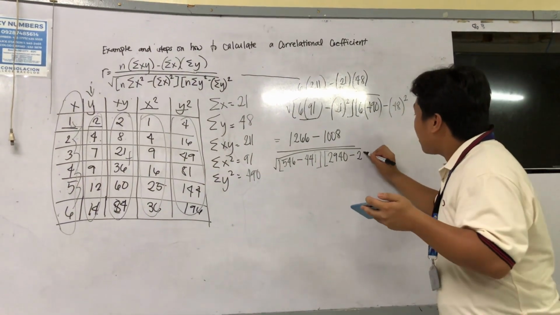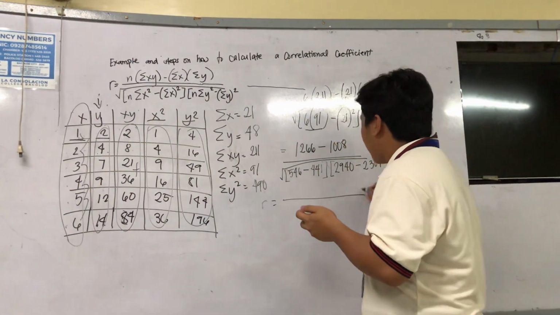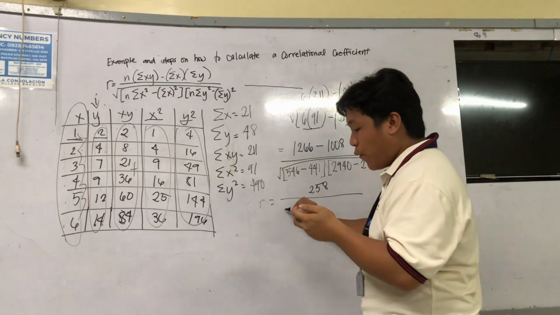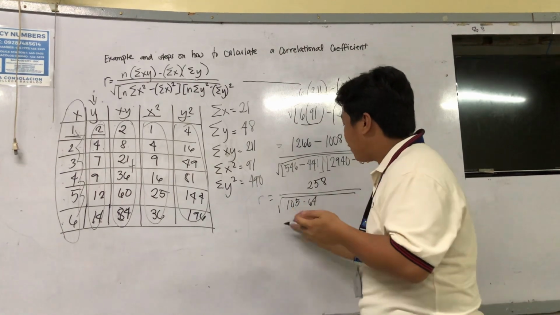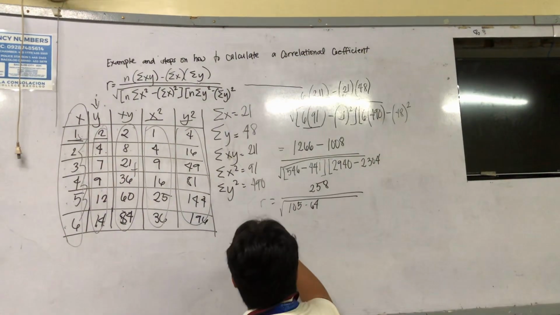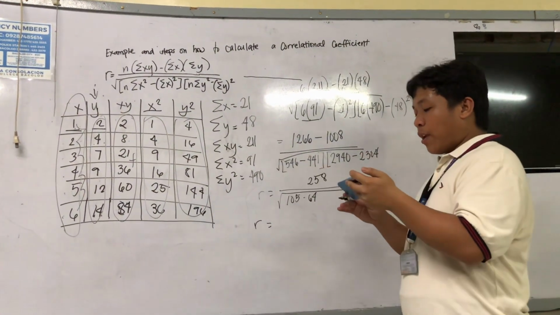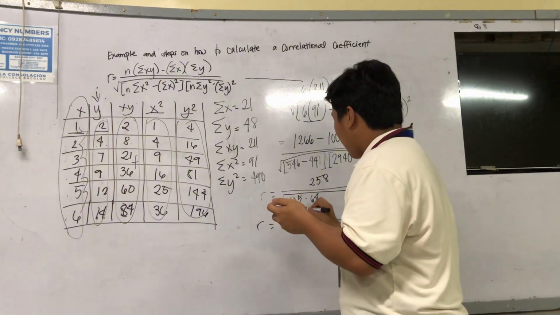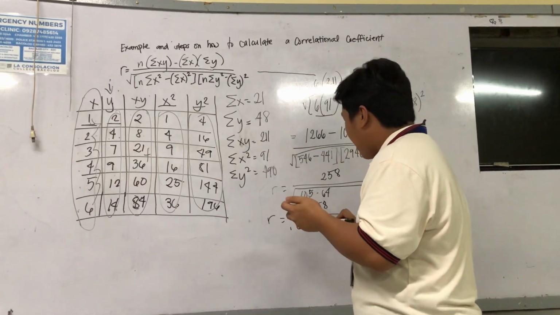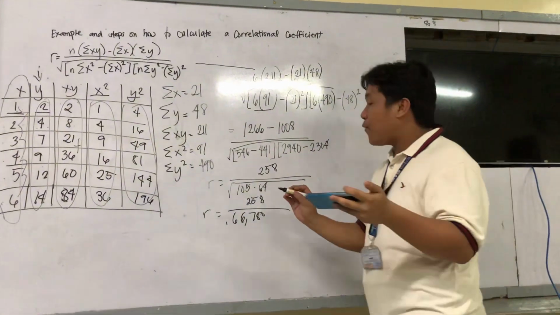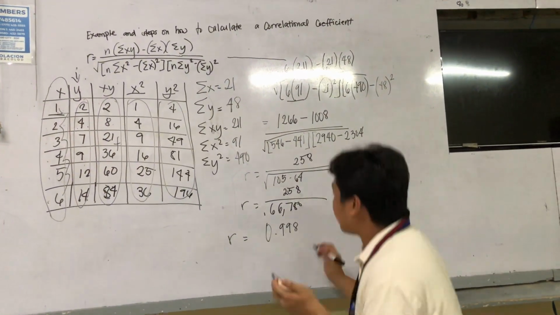It's 2,304. Now compute all this up and we have r is equal to 258 over the square root of 105.64, and you need to get the square root. The square root is 6,708. And you need to divide all of this, and we have r is equal to 0.998.